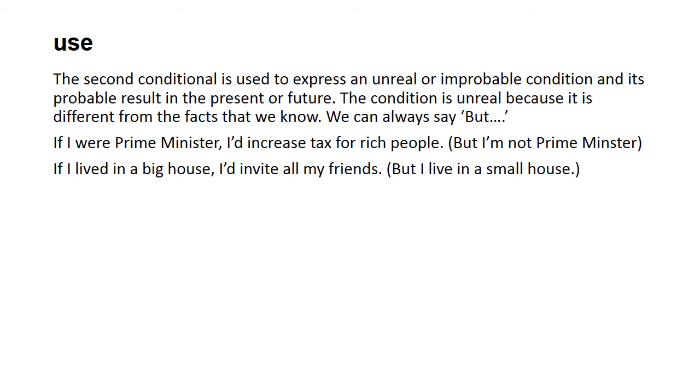For example, if I were Prime Minister, I would increase tax for rich people. But I am not a Prime Minister. Second example, if I lived in a big house, I would invite all my friends, but I live in a small house.